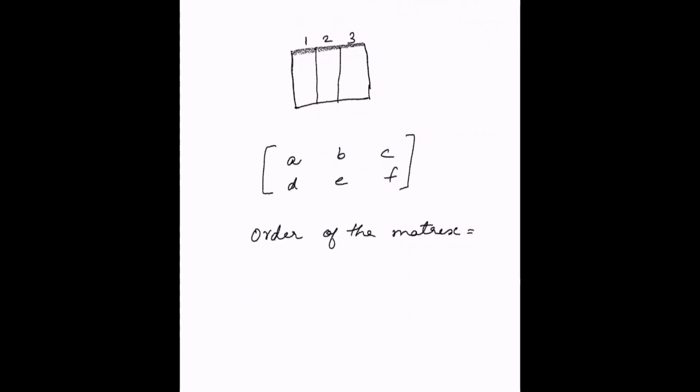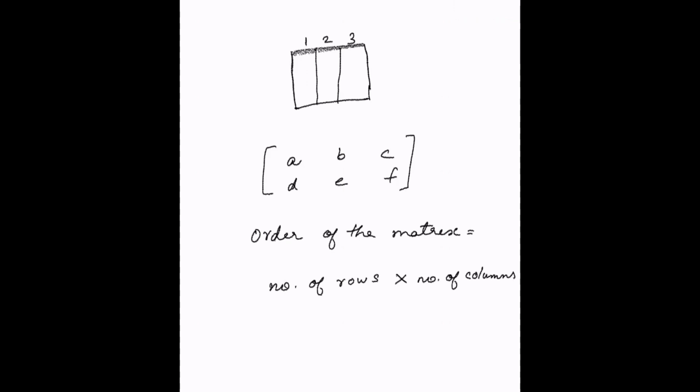Order of the matrix means how many rows and columns there are. We write it as number of rows by number of columns, where the multiplication symbol is read as by. This is the formula for the order of the matrix.